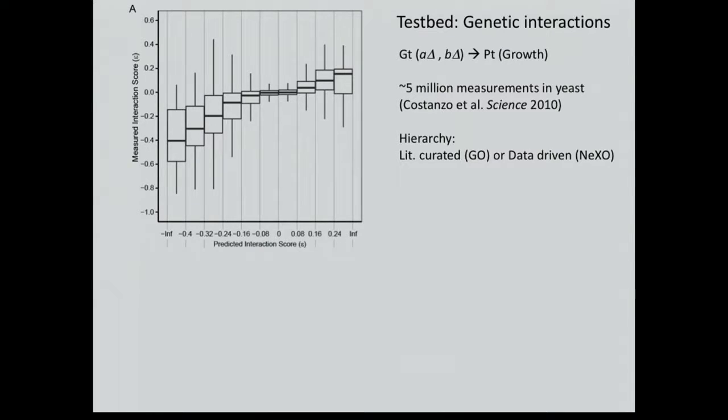So how well does it do? If we simply look at the growth or interaction score predicted by this ontotype procedure, and look in cross-validation at how well it recovers the measured interaction score from Costanzo et al., we see pretty good correlation. It's about 0.35, I think, 0.3.